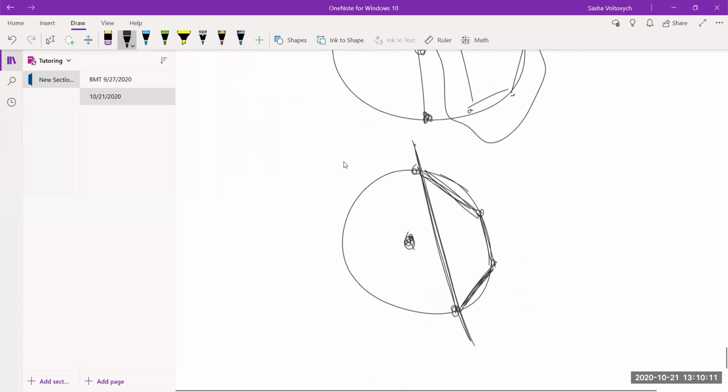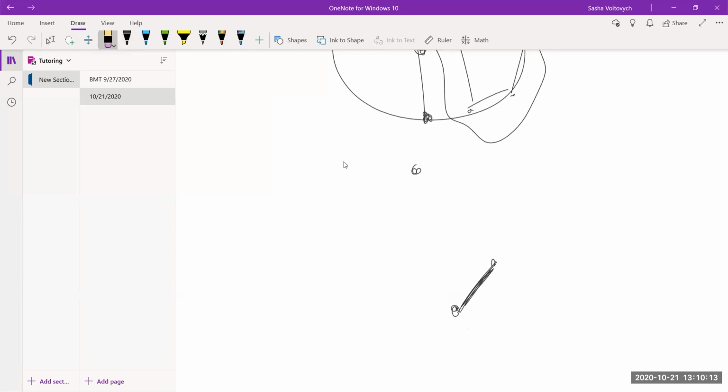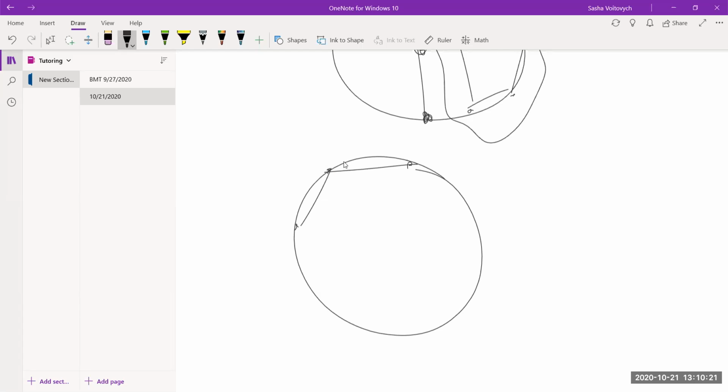But the problem is we don't know which diameter to pick, because it can be positioned in this way, right? And then this diameter wouldn't work. Then we have to pick a horizontal one. So this is the problem.